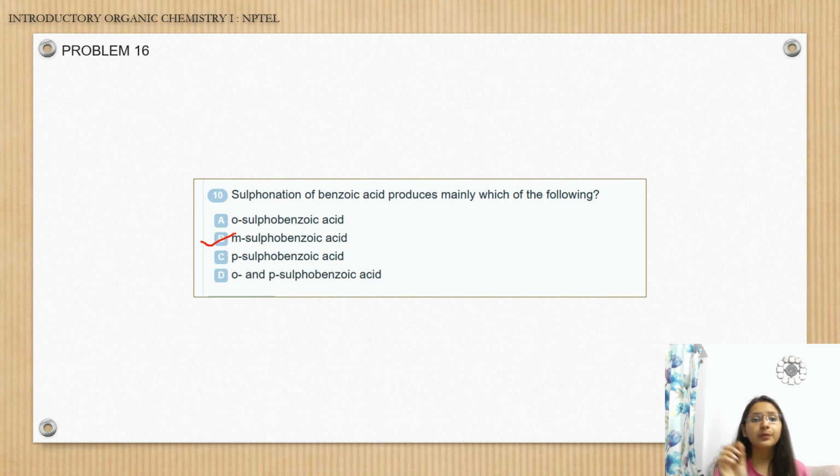Because sulfonation of benzoic acid means benzoic acid is also an electron withdrawing group. So it will direct the electrophilic substitution reaction to the meta position because of the extra stabilization of the electrophile. That is why option B is the correct one. So meta sulfobenzoic acid forms predominantly in the system.